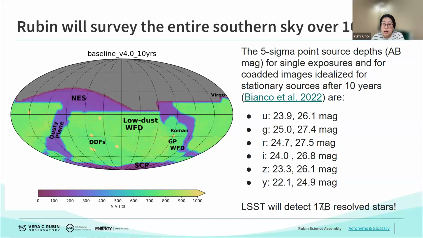The 5 sigma point source depth per filter is listed for single visit images and the 10-year coadd, respectively. We're expecting there will be about 17 billion resolved stars in the final data release, DR11, which is a lot.